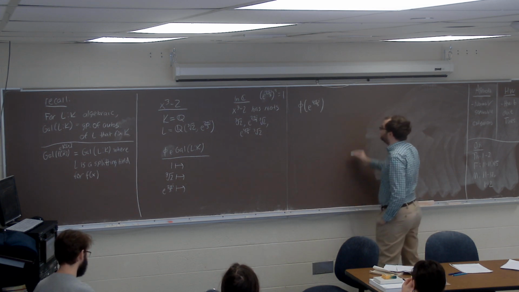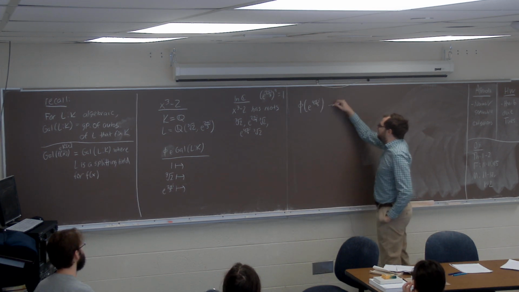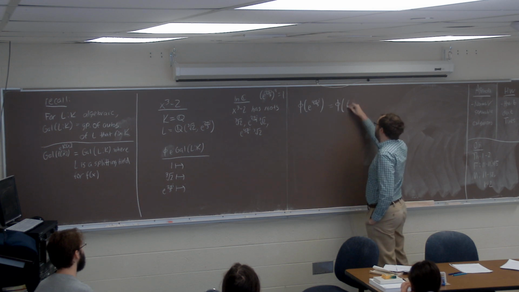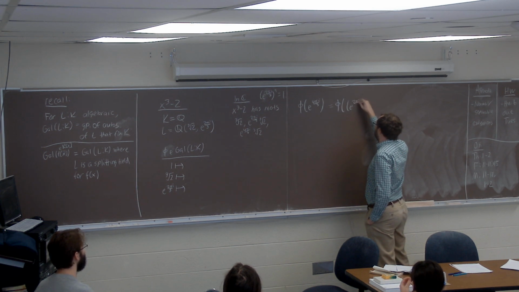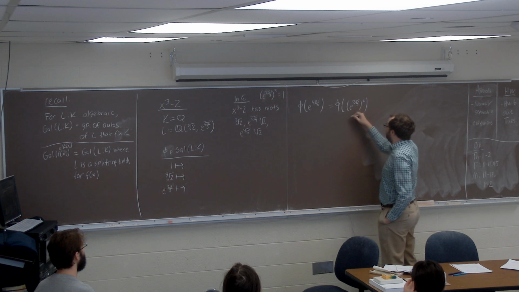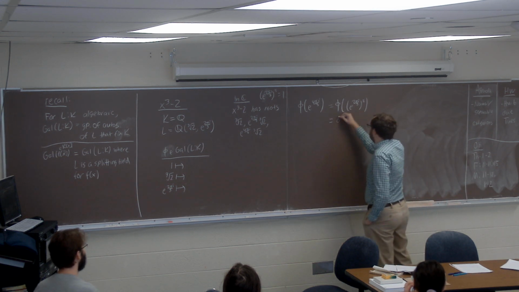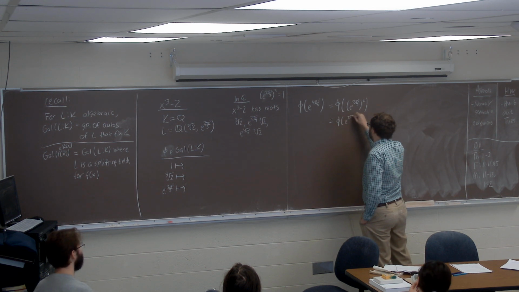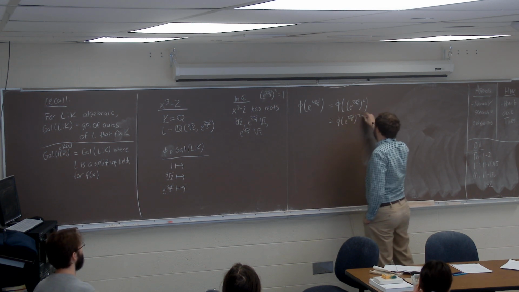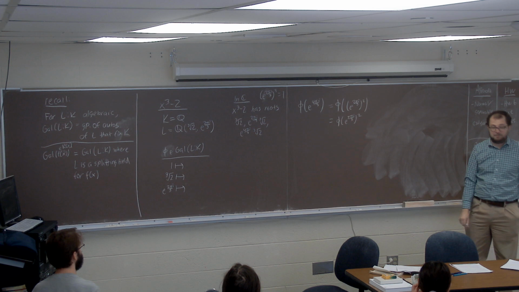Or 2 to the 2/3. Because if you wanted to know where this gets mapped, well, it turns out this is just e to the 2 pi i over 3 quantity squared. Using the fact that phi is a multiplicative homomorphism, that ends up just being phi of e to the 2 pi i over 3 multiplied by itself.